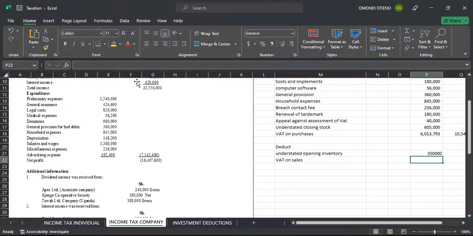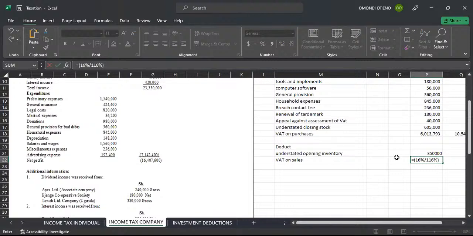It has VAT of 16% and the normal rate, that is 100%. So how do we eliminate VAT from this 116? We simply take our 16%, we divide by the total value given, which represents 116%, we multiply by 64 million.